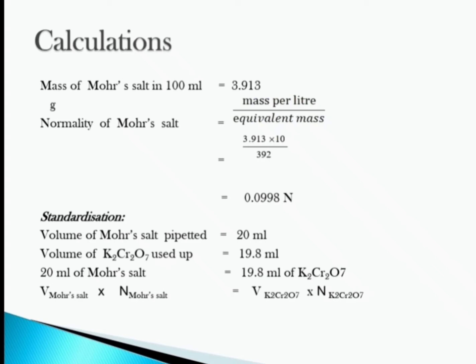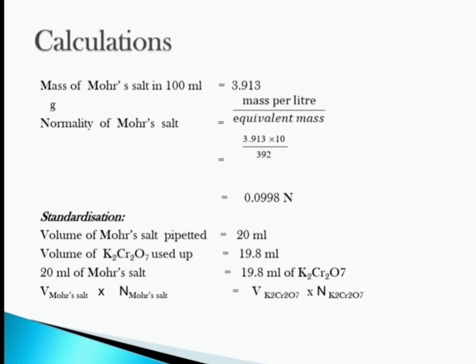Standardization. Volume of Mohr's salt pipetted is 20 ml. Volume of K2Cr2O7 used up as indicated by the table is 90.8 ml. So when 20 ml of Mohr's salt is titrated against 90.8 ml of K2Cr2O7, we get the end point indicated by the color change of green to violet. Here, at the equivalence point, volume of Mohr's salt multiplied by the normality of Mohr's salt is equal to volume of K2Cr2O7 multiplied by the normality of K2Cr2O7.